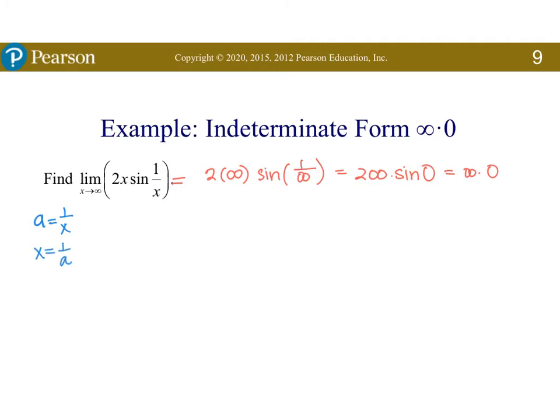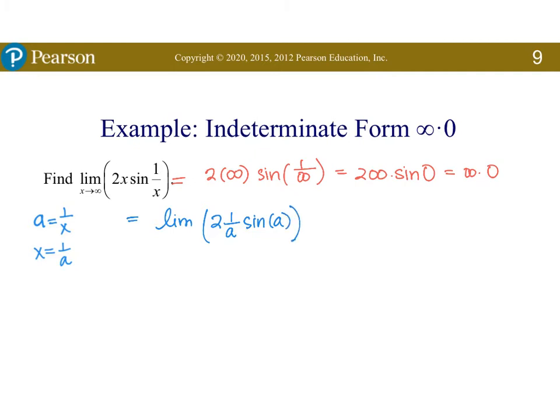Are you replacing it with its reciprocal? So now this is going to turn into the following limit. 2 is now times 1 over a. The sine is of regular a.